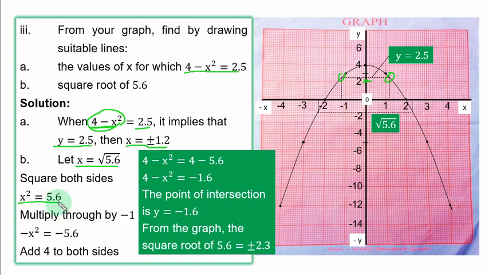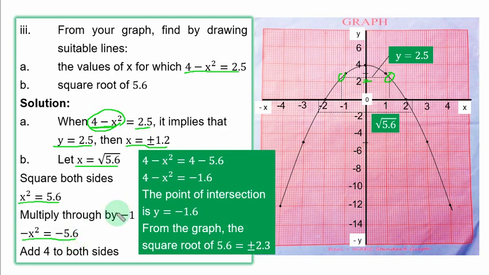We are doing adjustment now. The equation we plotted is 4 minus s squared. To get that minus, multiply through by -1 first. So you have minus s squared equal to -5.6. Next, you need to add 4 to both sides.